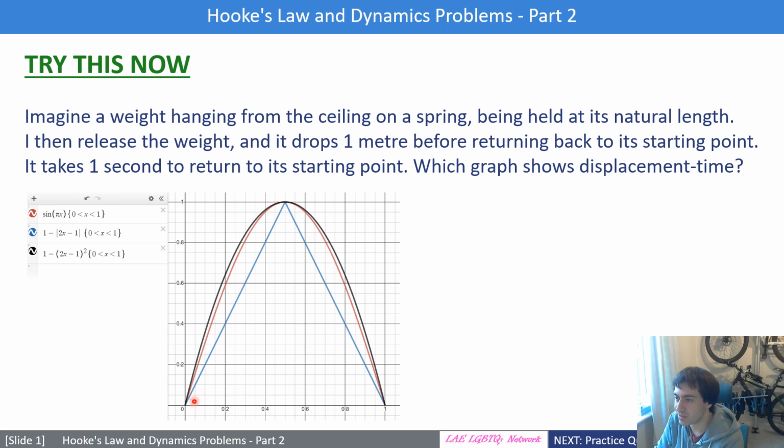So the snapshot is at 0 displacement, it then, one of these lines, whichever one it is, increases its displacement, and then it decreases in displacement and comes back to where it started, and that whole thing took 1 second.